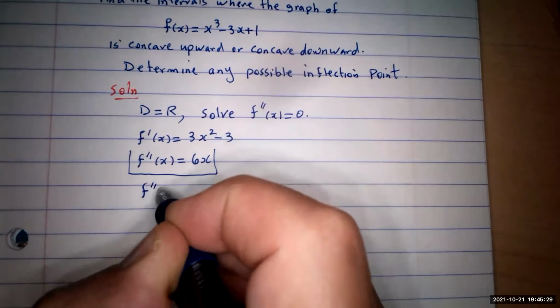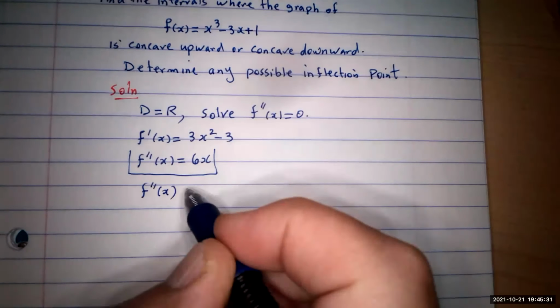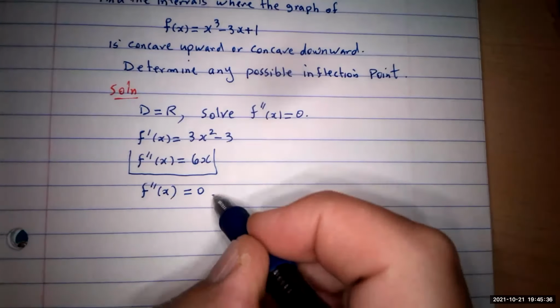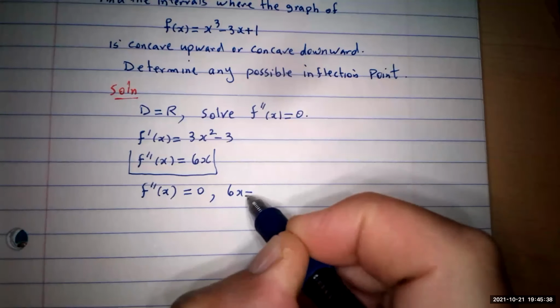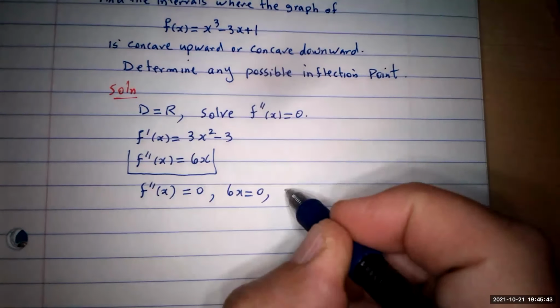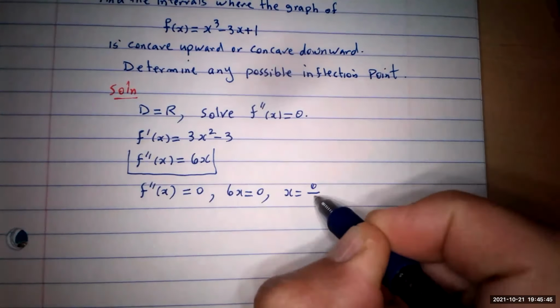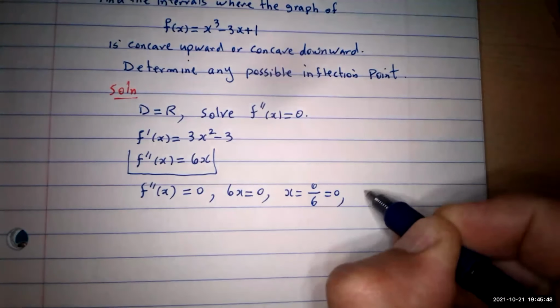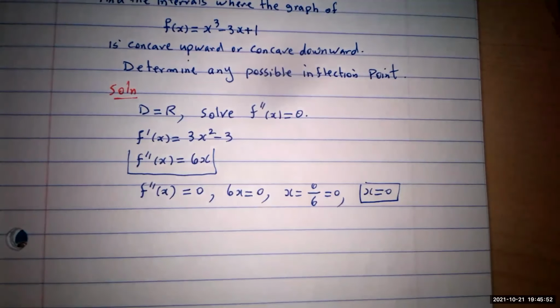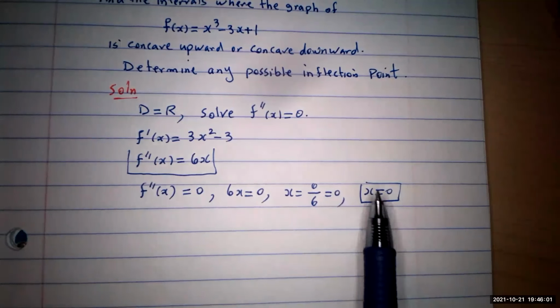So f double prime of x equal to 0 means 6x must be 0, and of course x would be 0 divided by 6, which is 0. So x equal to 0 is a possible inflection point. Since for an inflection point you must give the x and y coordinates, you drop this 0 back into the function.